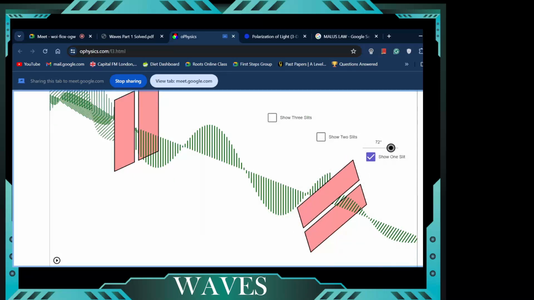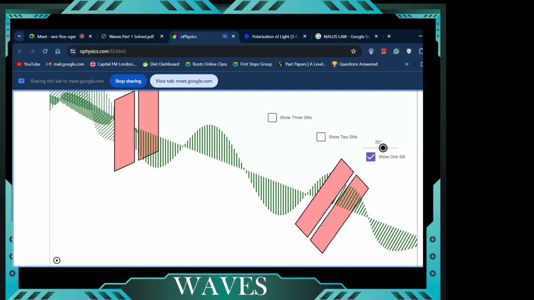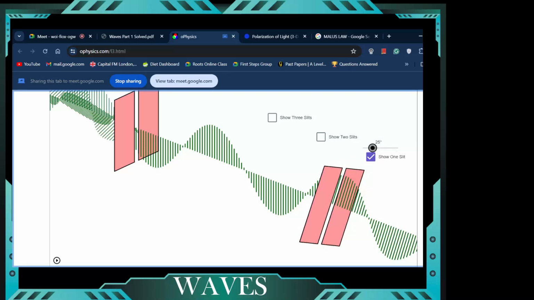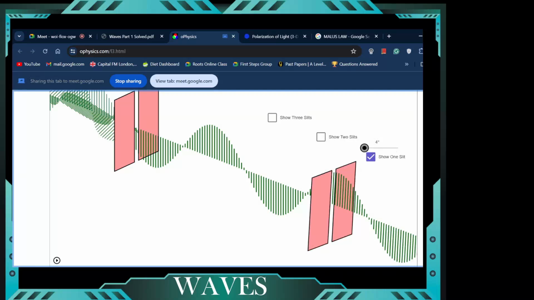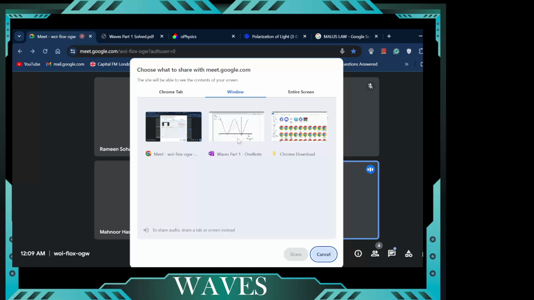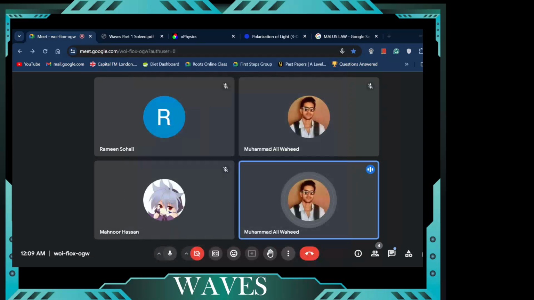If you change the angle, the amplitude of the light changes, and hence the intensity would also change. What would be the new intensity? We can use the law to find it. And as I showed you, once I moved the analyzer to an angle of 90 degrees, the intensity was reduced to 0.